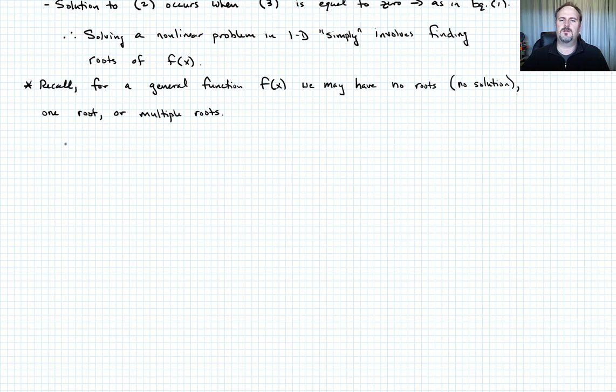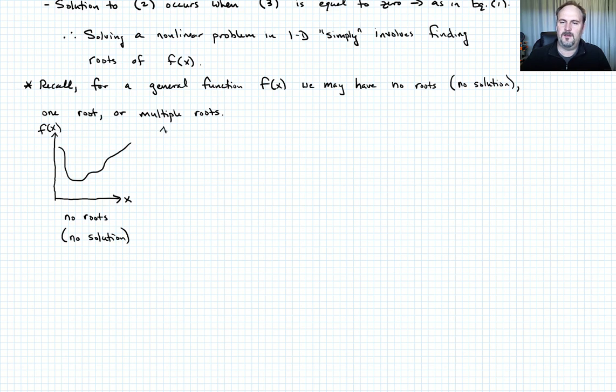So let's try to visualize what each of those cases look like. If this is x and this is f of x, and we have a function that looks like this, this has no roots, which means no solution.